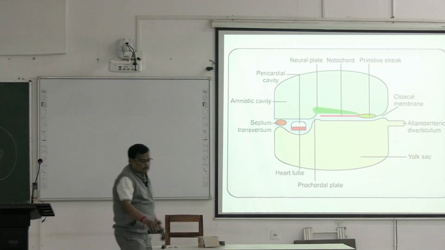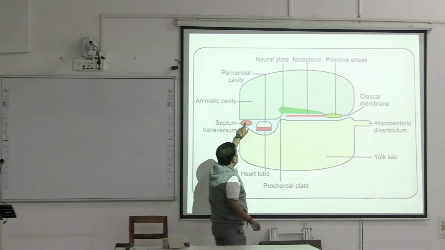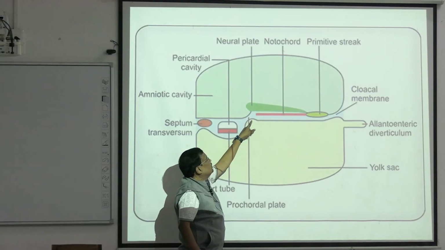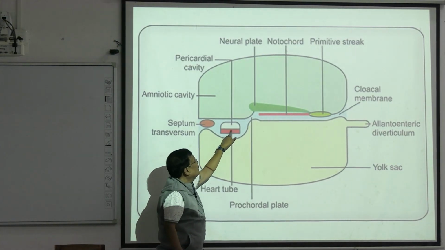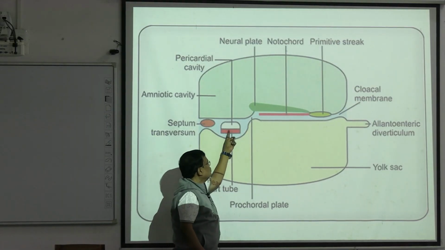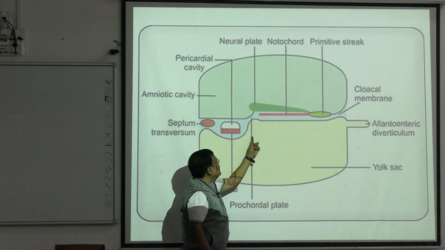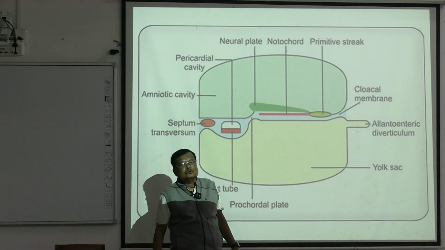আমরা যদি এটাকে 1 ধরি, এটাকে 2 ধরি, এটাকে 3 ধরি, suppose it is 1, it is 2, it is 3, so due to folding 1 will come here, 2 will come here, 3 will come here, and this is the most cranial most.